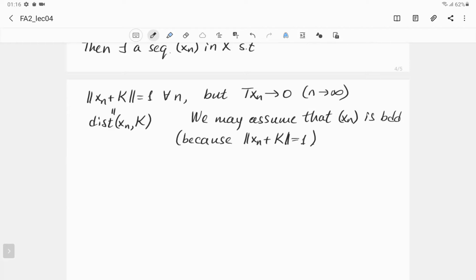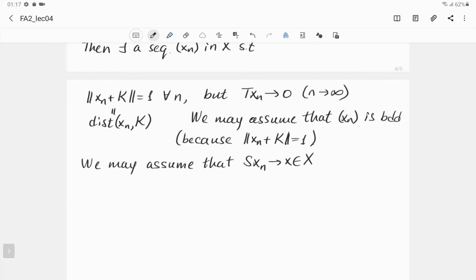Without loss of generality, we may assume from the very beginning that the sequence S of xn converges to some element x in our space, because S is compact. Because if this is not the case, then we just choose a suitable subsequence of xn.